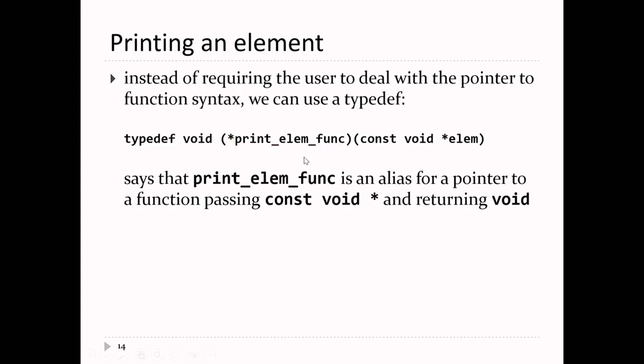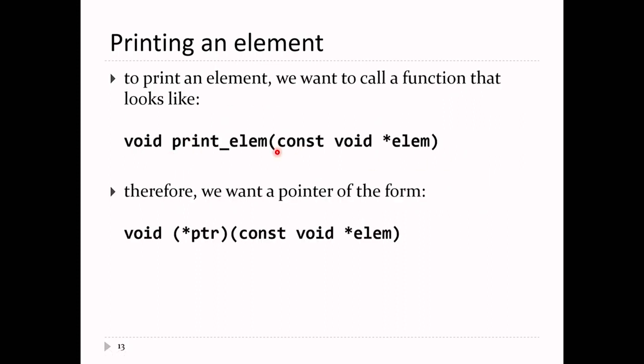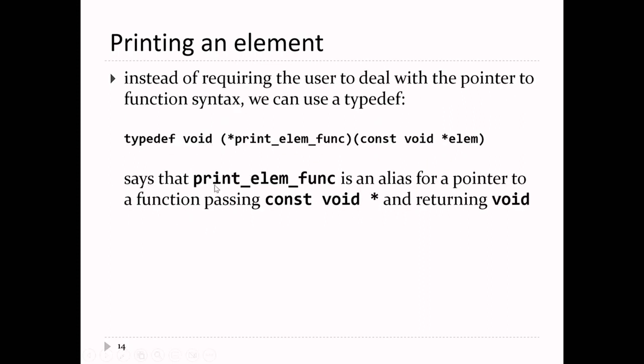That's going to be the name of my typedef. So print_elemfunc is just going to be the type now. It's an alias for a pointer to a function that takes a const void star pointer and returns void.